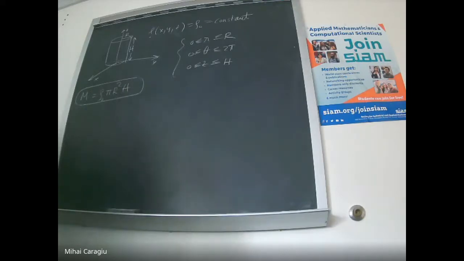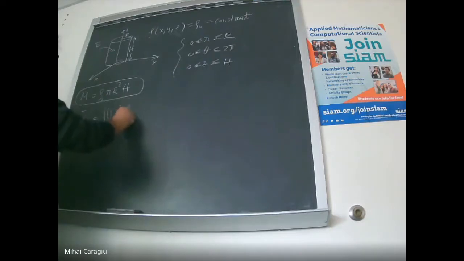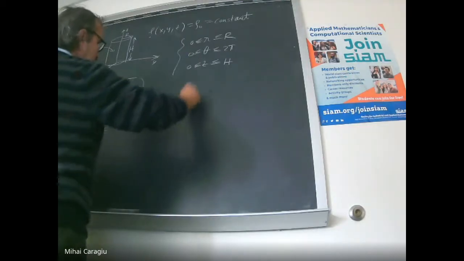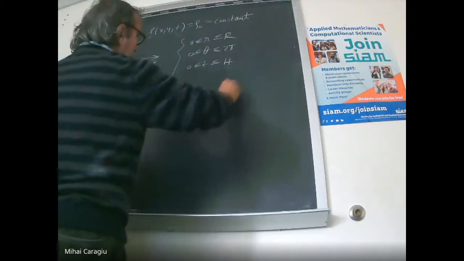Okay, so now let's calculate the moment of inertia of this solid cylinder with respect to its axis of symmetry. I sub z is the triple integral over E, the solid cylinder, of r squared times rho 0 dV. Let's put rho 0 in front of the integral. So it's rho 0 times the triple integral over E of r squared dV.